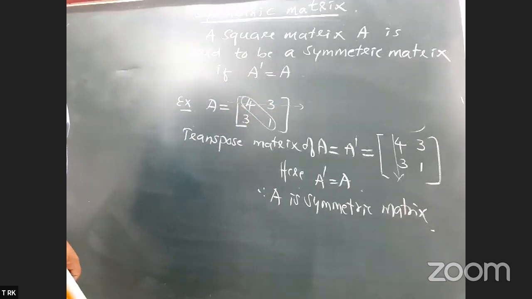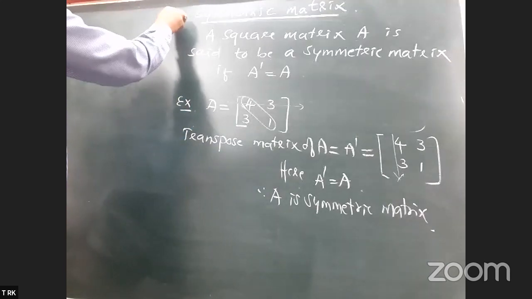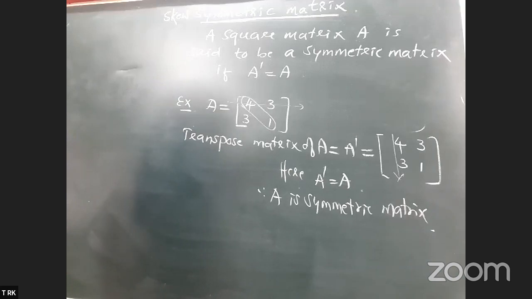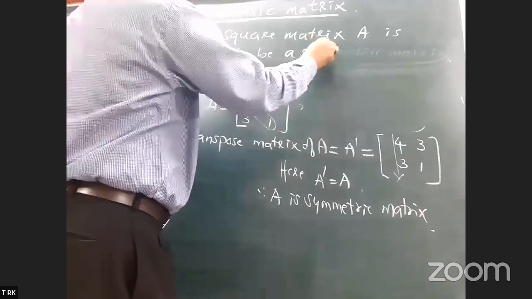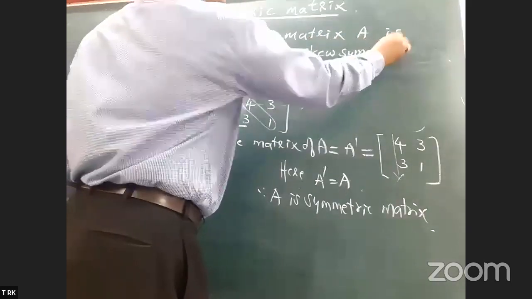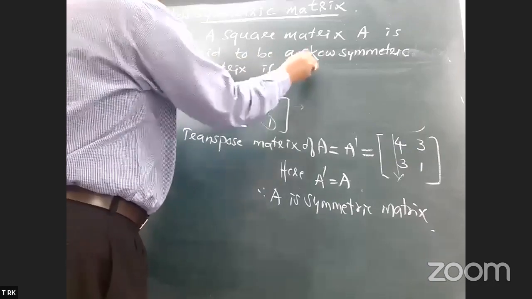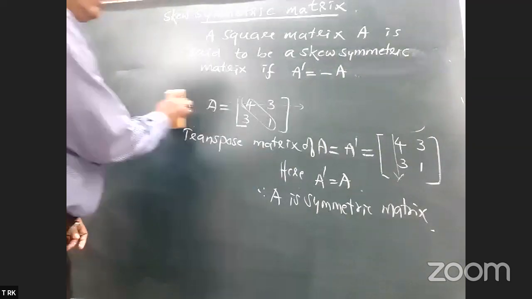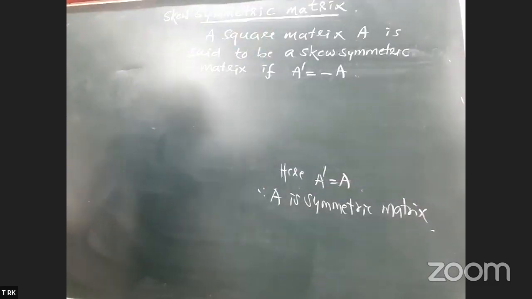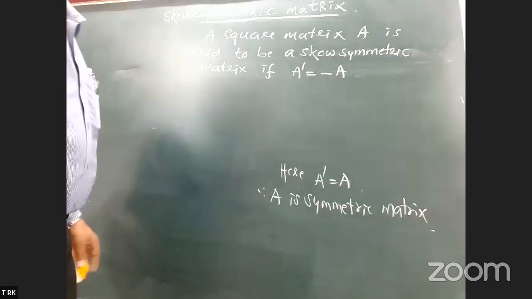Next variety, skew symmetric matrix. A square matrix capital A is said to be a skew symmetric matrix if A dash is equal to minus A, or A dash plus A is equal to 0, the null matrix.